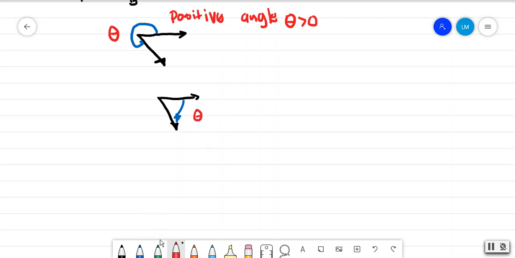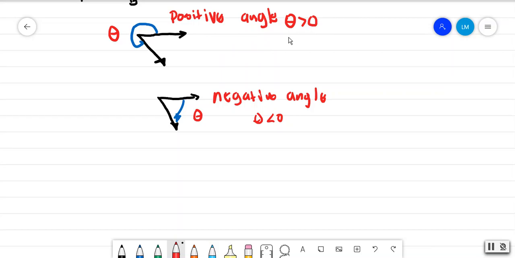But here theta is actually a negative angle. It's kind of interesting because if you go in a clockwise motion, then it's negative, so we know that it's less than 0. But if we go in a counterclockwise motion, then it's going to be positive.